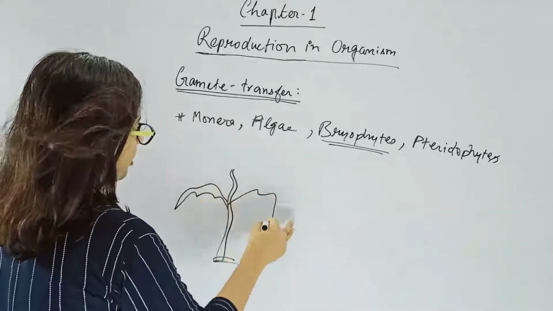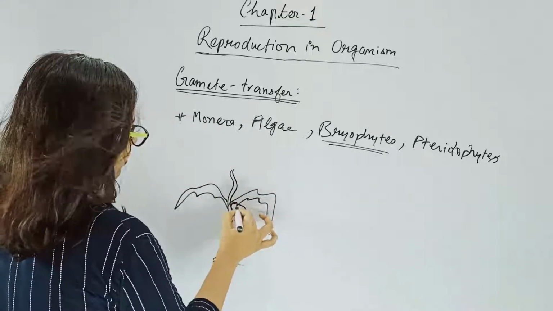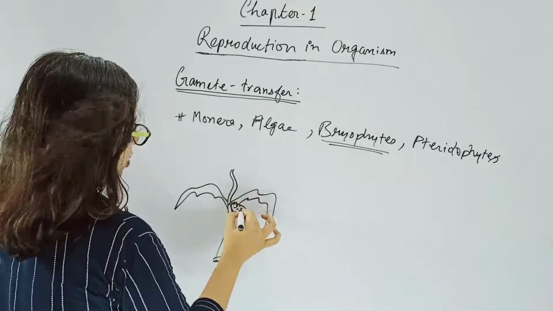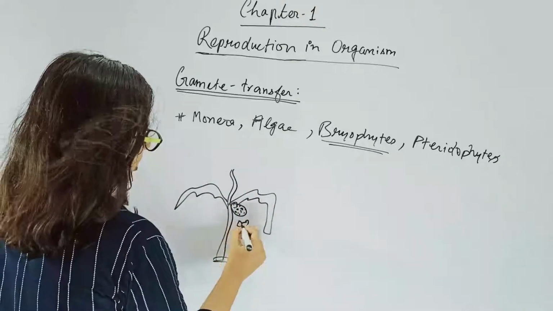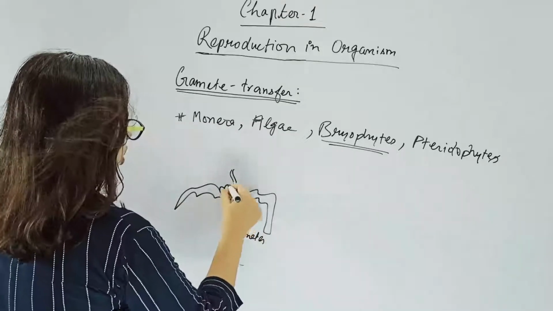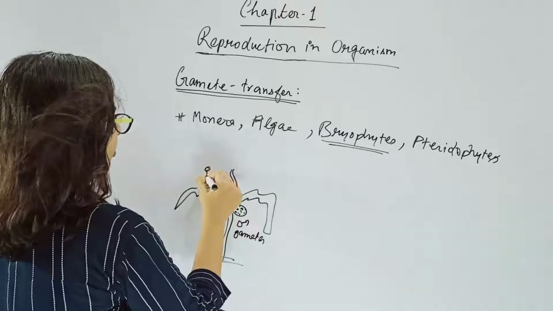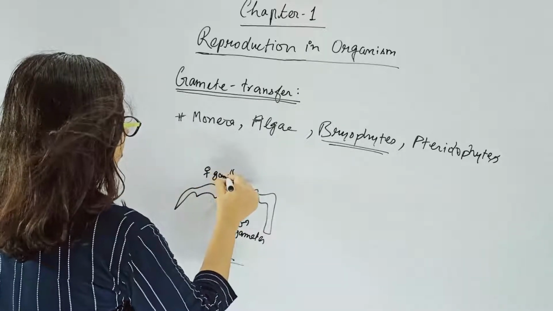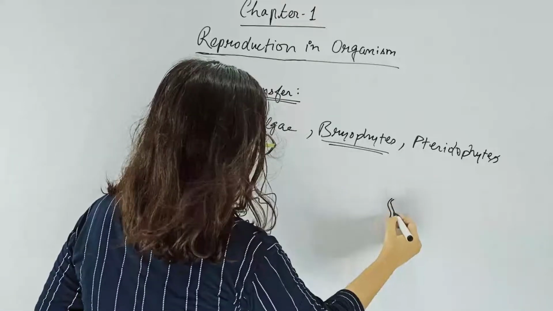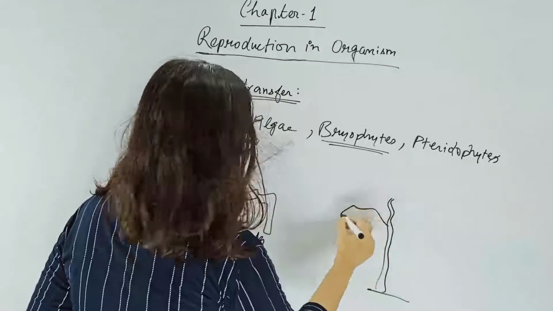This is a bryophyte. There will be antheridium. In the antheridium, there will be microspores, which are the male gametes. Then there will be oogonium. In the oogonium, there will be female gametes. In the same way, there will be another plant, another bryophyte.